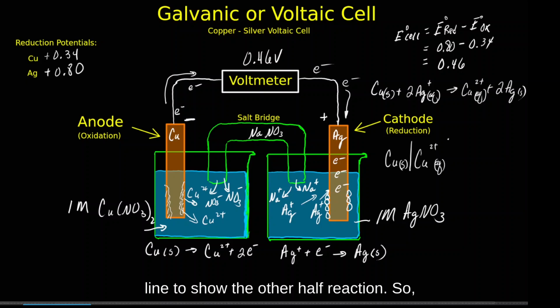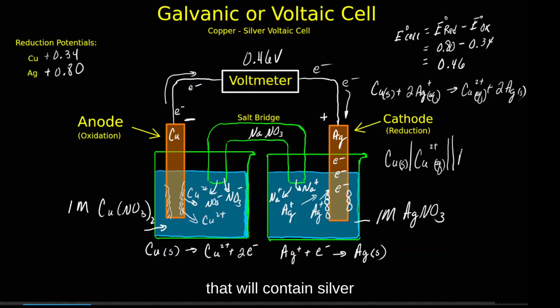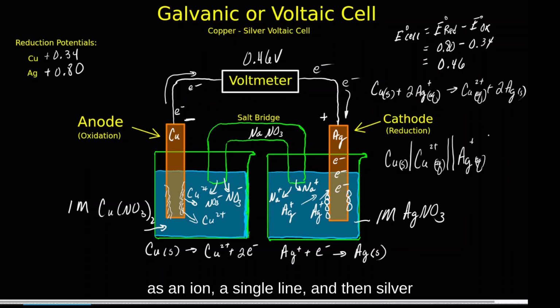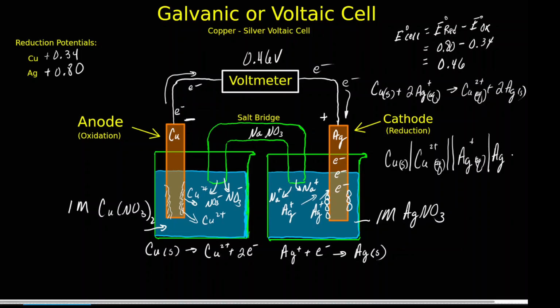Then we'll put a double line to show the other half reaction. So that will contain silver as an ion, a single line, and then silver as solid.